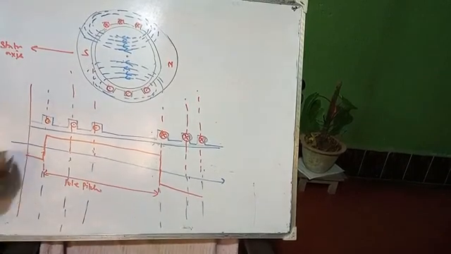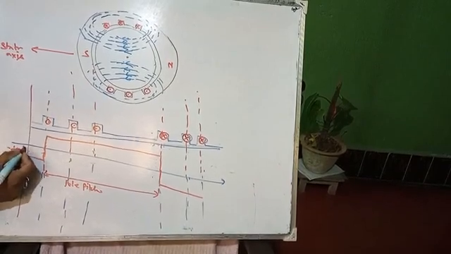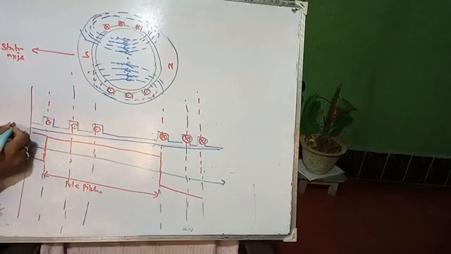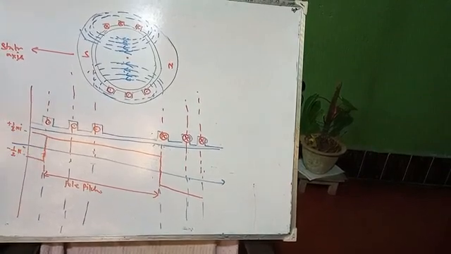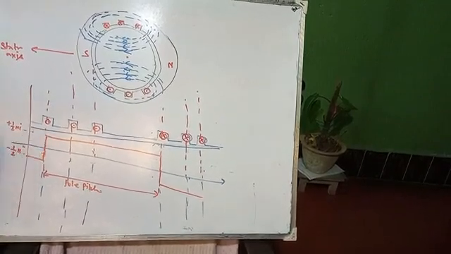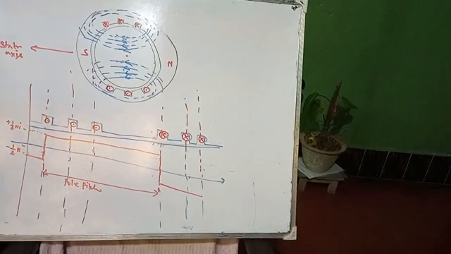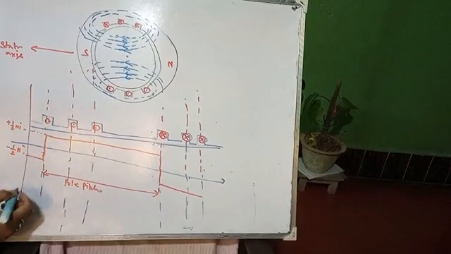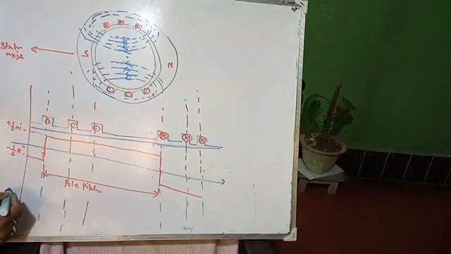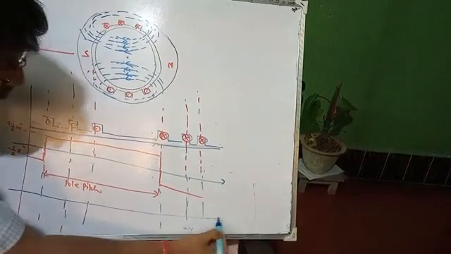Minus half of N into I, and this is plus half of N into I. So this is your first pair pole. Second pole pair, how much will it look like?